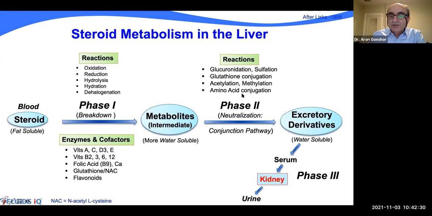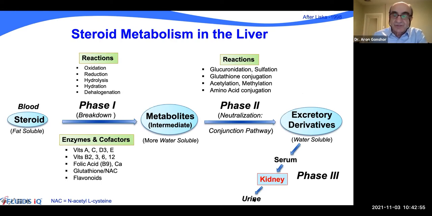And then, of course, you have all of the neutralization functions in the conjugation pathways of the liver, which eventually lead to the excretory product that comes out of the liver. Those are the water-soluble derivatives which end up in serum and eventually go through the kidney into the urine.